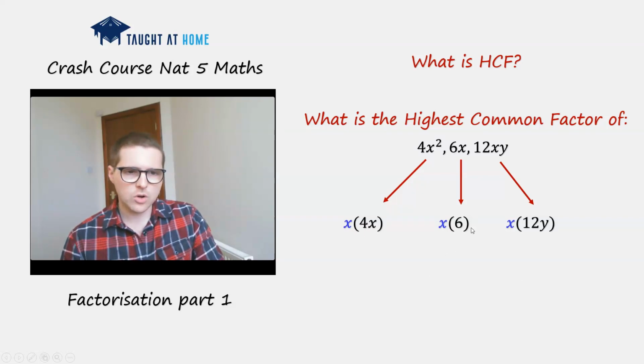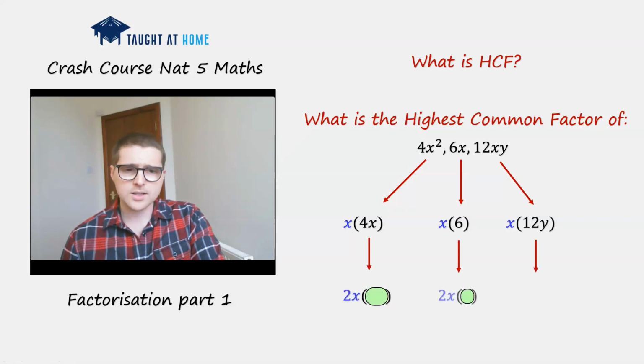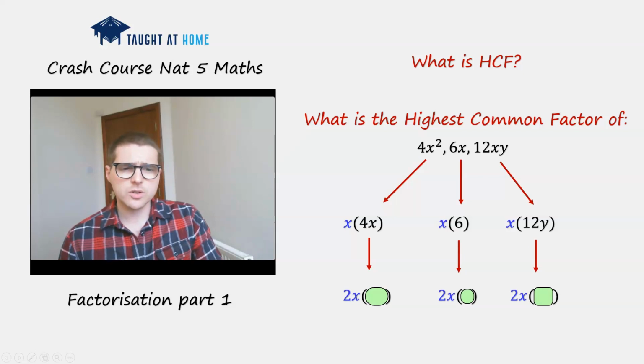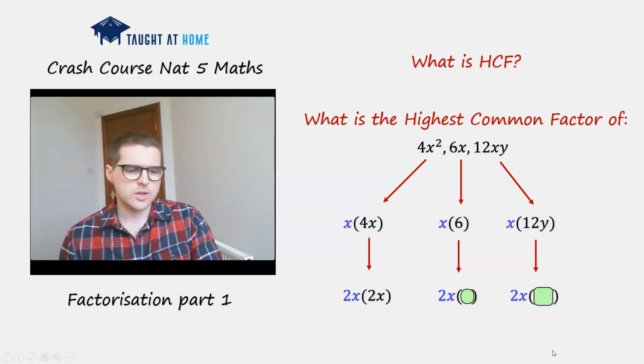So we can see that 4, 6 and 12 must share a common factor, which in this case would be 2. So we can take a further 2 out, so we can now put 2x in front of the brackets, and all we're doing is dividing 4x by 2 to give 2x, 6 by 2 to give 3, and 12y by 2 to give 6y.